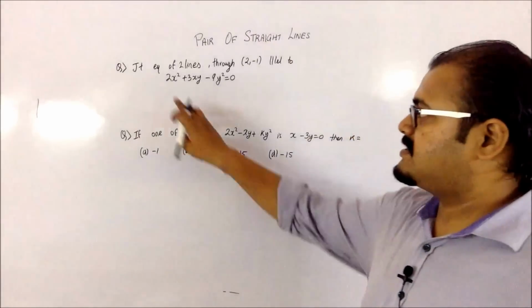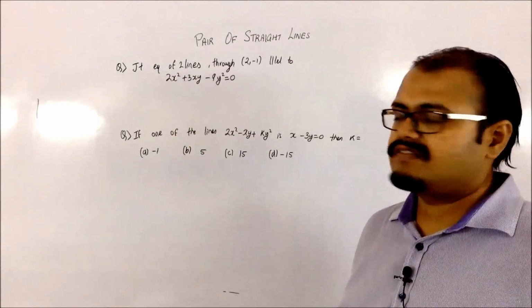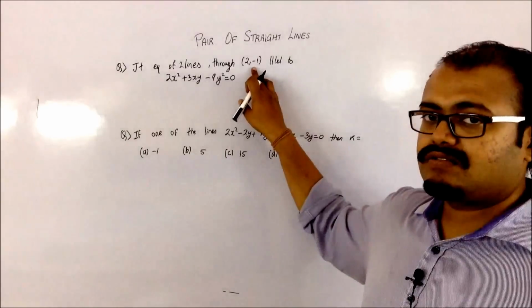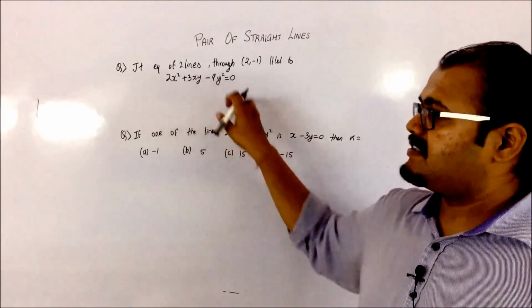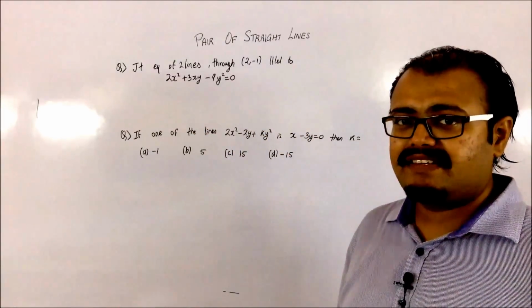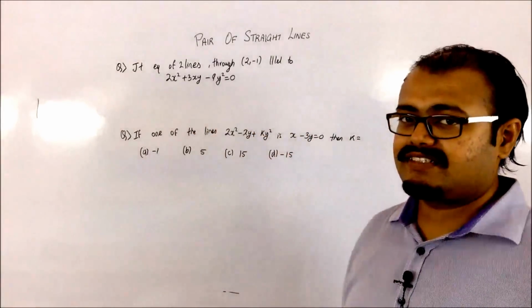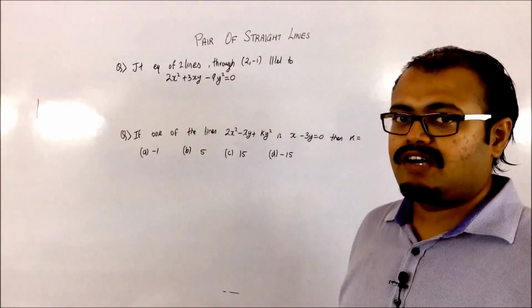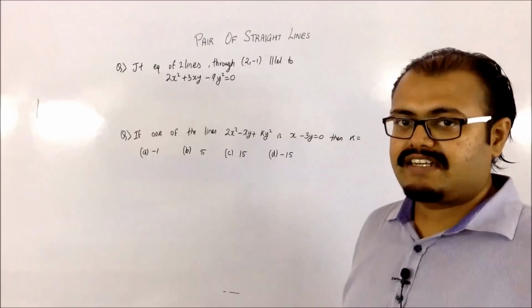Now the next question is, you have to find the joint equation of the lines which are going to pass through this particular point and which are parallel to this pair of lines. They will be giving you some options. Over here I have not written them; I am just showing you how to apply that formula which I had given you.